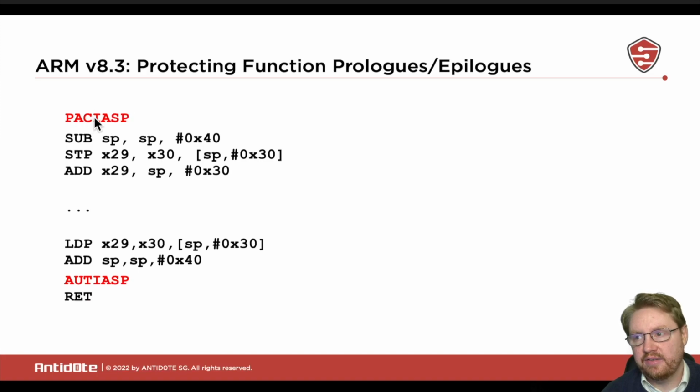This alias basically says, take the instruction A key and protect the current stack pointer, and because it's an alias, it is actually protecting the x30 register, so the return address. So it's protecting the return address with the A key and using the stack pointer as the context.